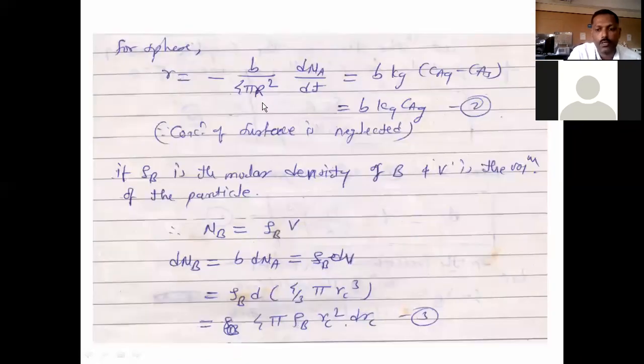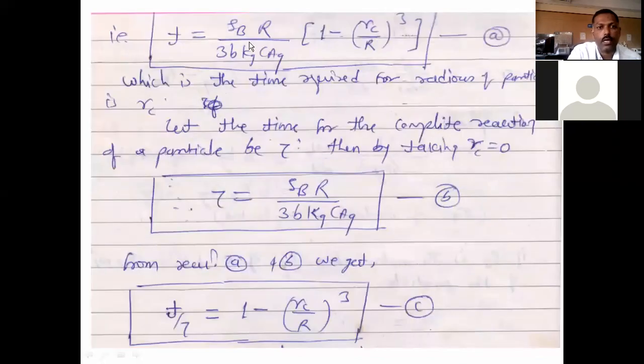Rearranging, t equals ρ_B R upon 3b k_g C_Ag times the bracket 1 minus (R_C upon R) cubed, because R_C cubed is divided by R cubed. So the equation is 1 minus (R_C upon R) cubed.